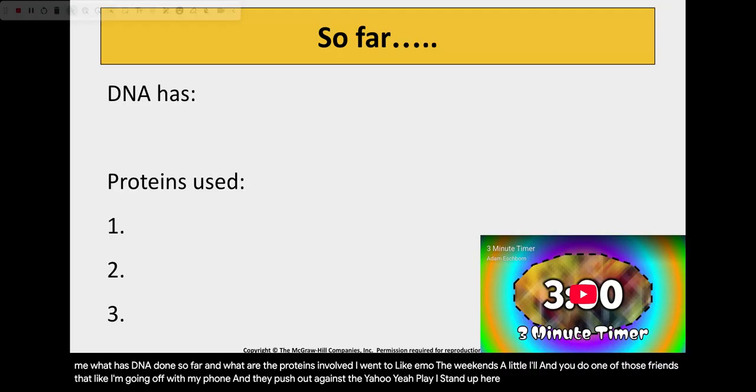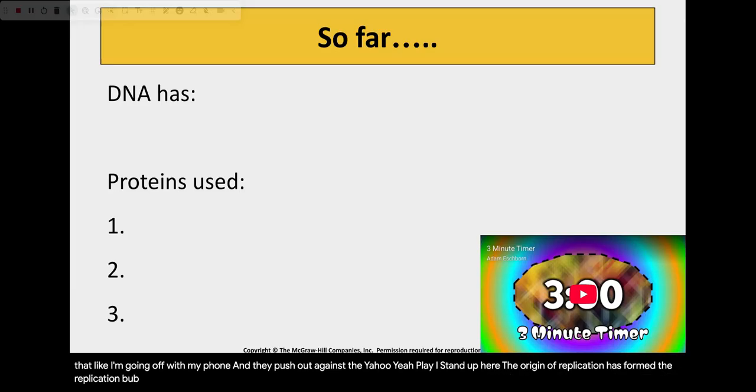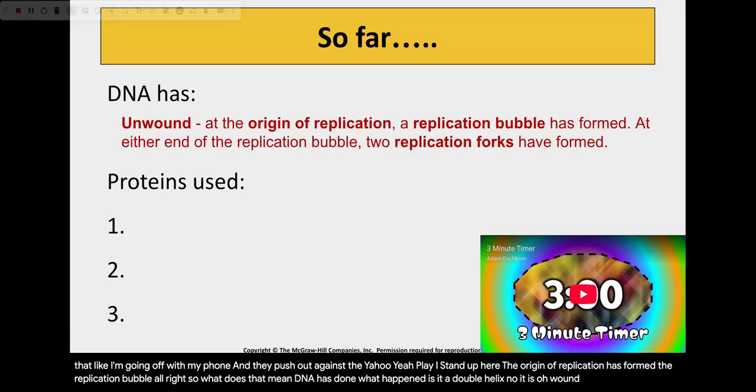What do we call that bubble? Yes, the origin of replication has formed the replication bubble. So what does that mean DNA has done? Is it a double helix? No, it is unwound. Right, so DNA has unwound.